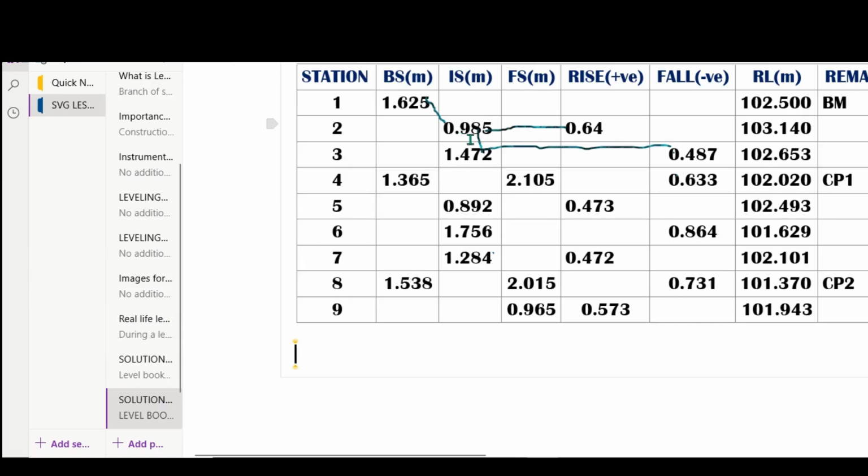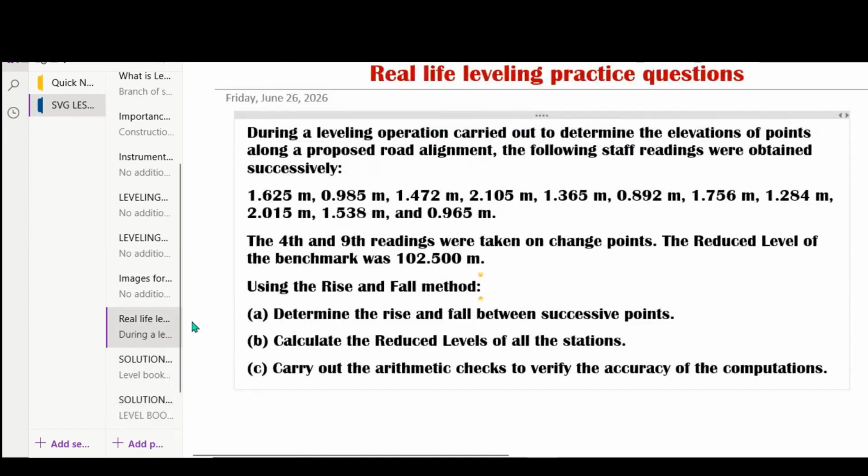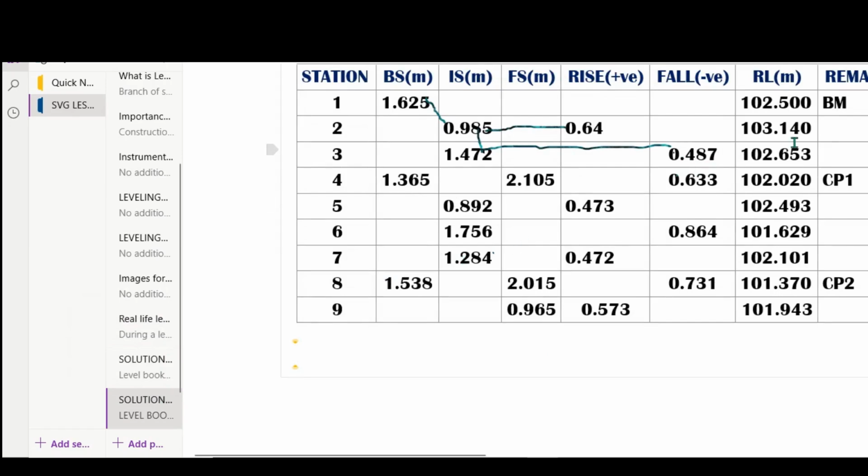These are the rise and fall here. Now the second question says calculate the reduced level of all the stations. I've done that here. We have calculated the reduced level of all the stations here, if you can check. Now, which other one again?